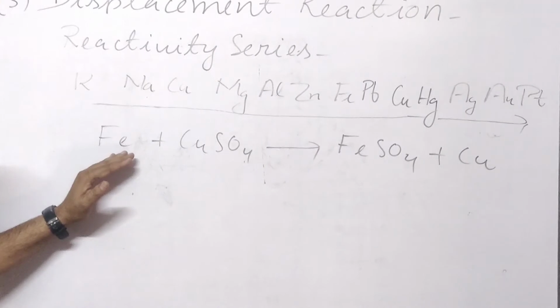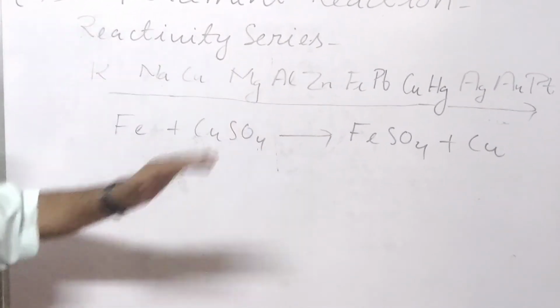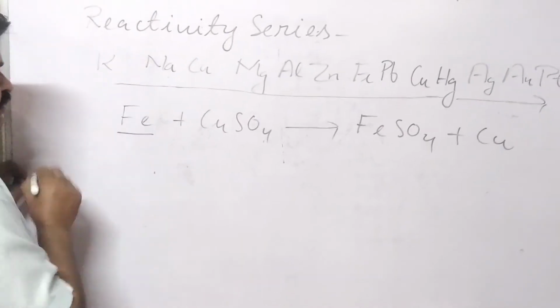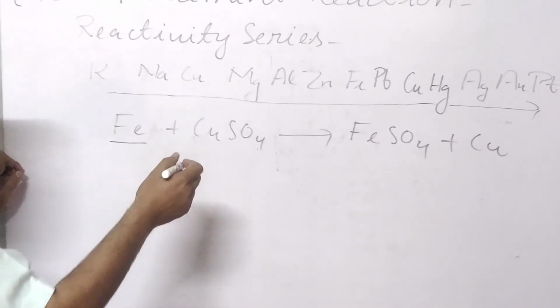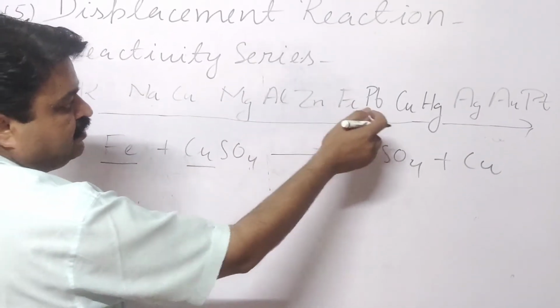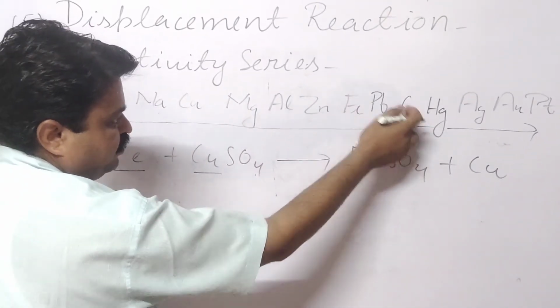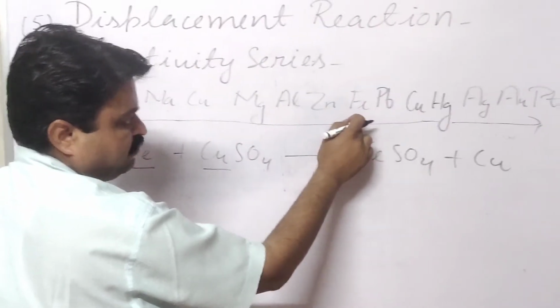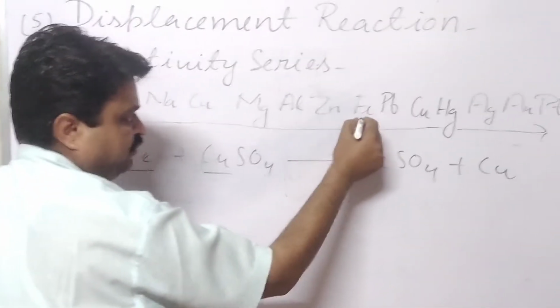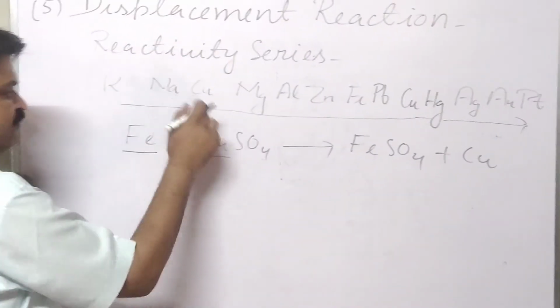And this is an example of a displacement reaction, because here, student, iron is more reactive than copper, and in the reactivity series you can see that iron is coming before copper. That's why it is more reactive and it is displacing the copper.